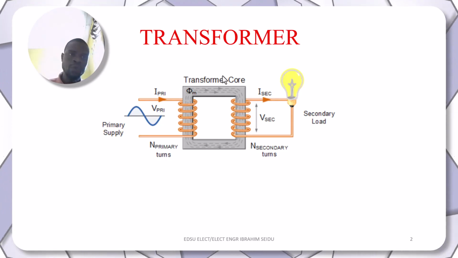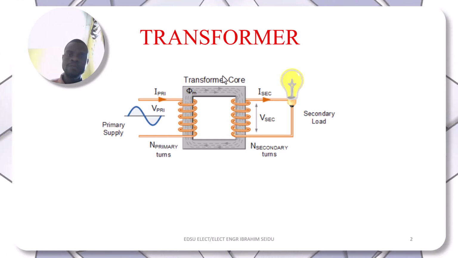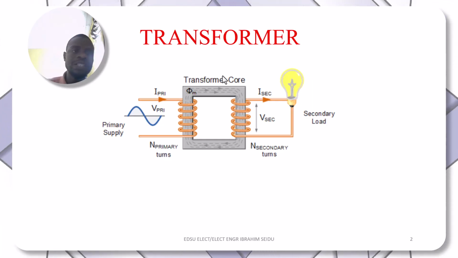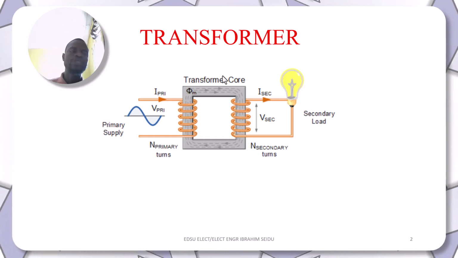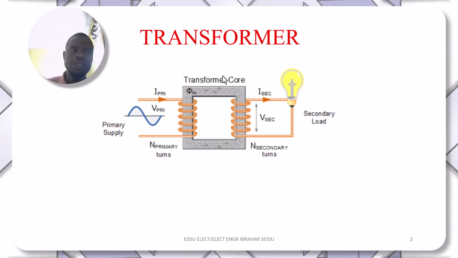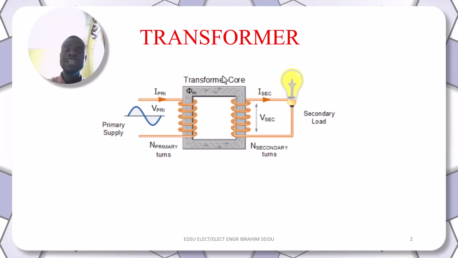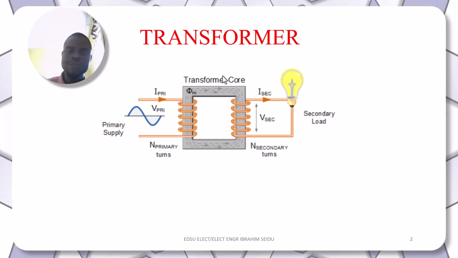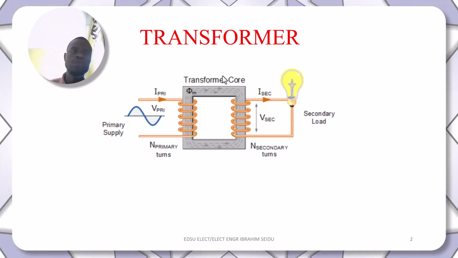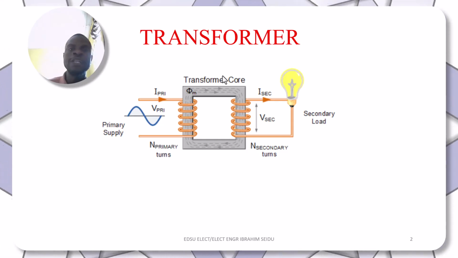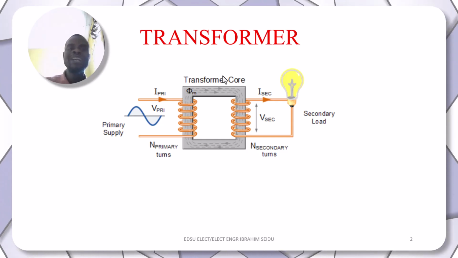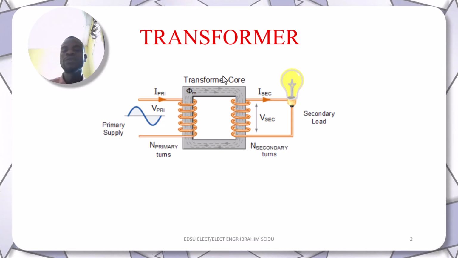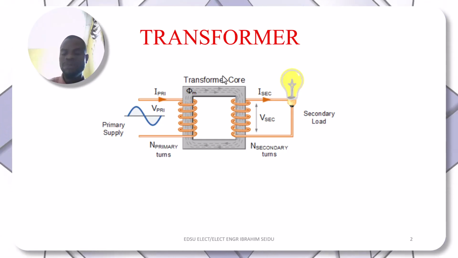The first video was mainly about the evolution of machines and their basic classification, and then we discussed DC machines. In the second video, we discussed AC machines, and this third one was supposed to be part of that second video, because the transformer still falls under AC machines.